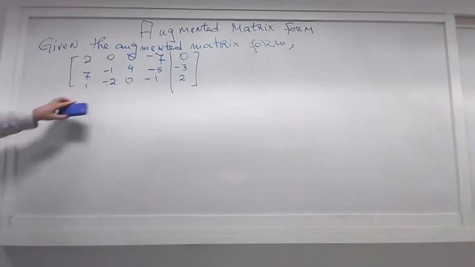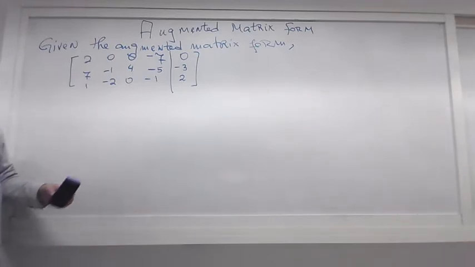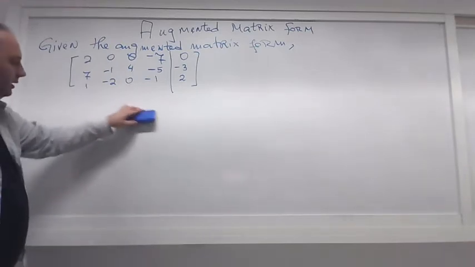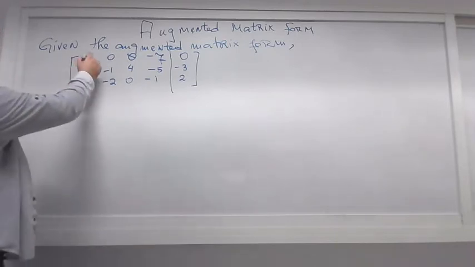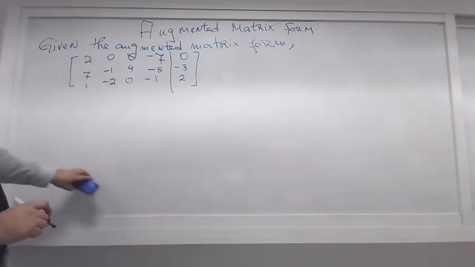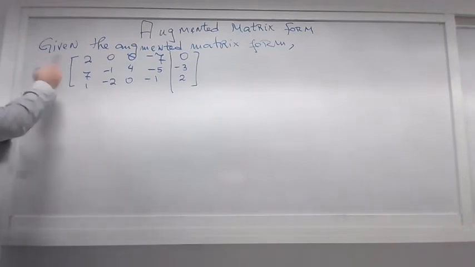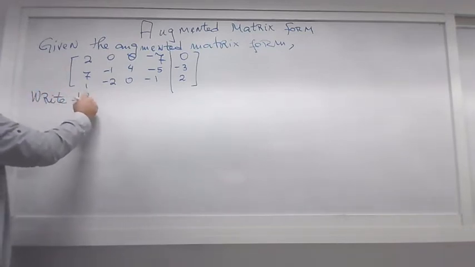We normally put nice numbers because we don't like to work with ugly numbers, but in real life these numbers could be any real numbers, they don't need to be cute. So we have this augmented form, right? The corresponding system.